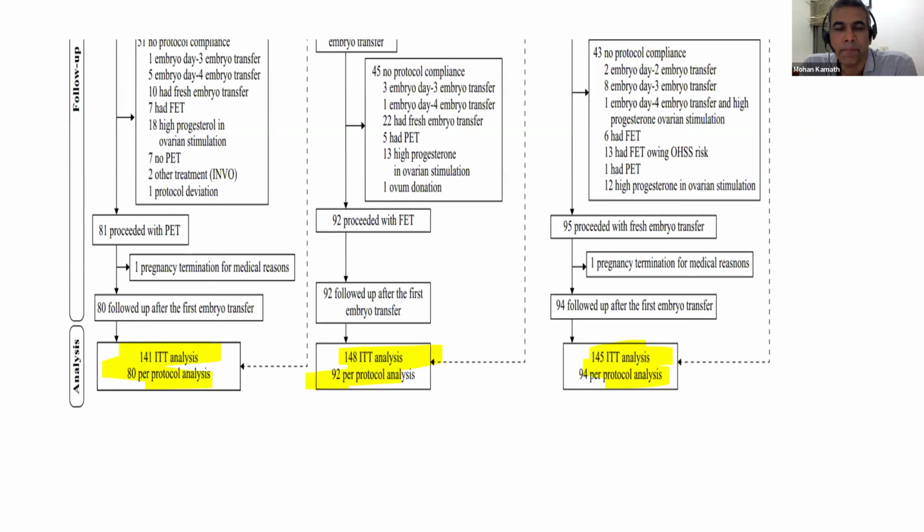And what they did, you can see here the flow chart, and you can see the number of participants in ITT analysis is almost half, the per protocol is almost half of ITT, 141, 80, 148, 90, 145, 94. And that is a huge problem, which probably the authors realized. And essentially, if we get to review this paper, it will raise serious concerns about the validity of the results.